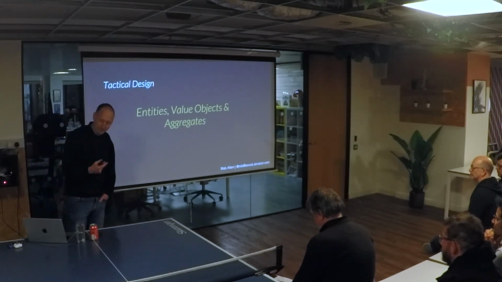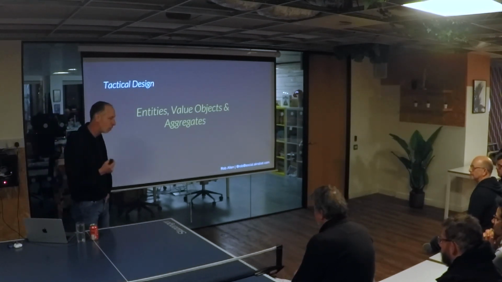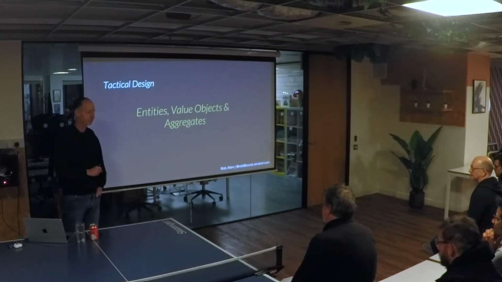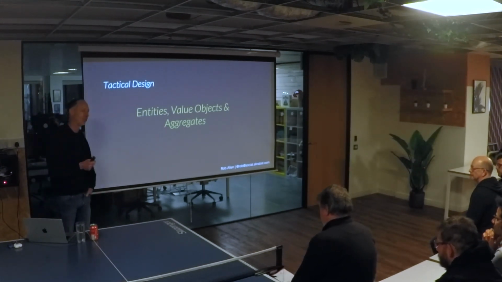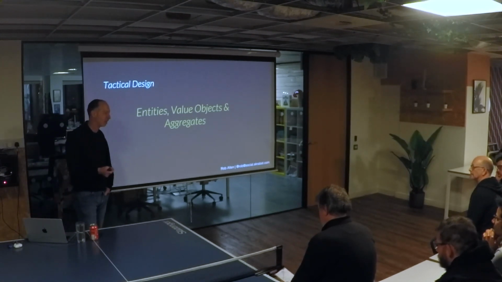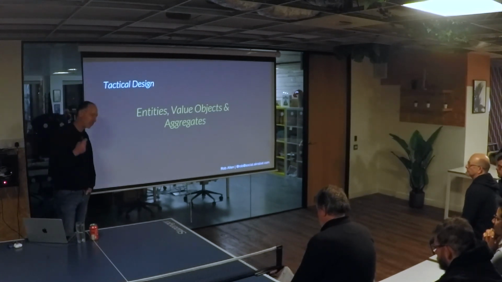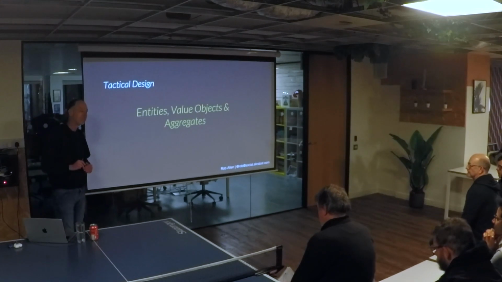Lots of problems require more than one object to actually talk about the thing we're talking about. We call those aggregates when we need more than one object to describe the thing. Classic example is the order. So if I'm going to purchase something from Amazon, my order will consist of the order object itself and then each line item, the things I've actually bought.